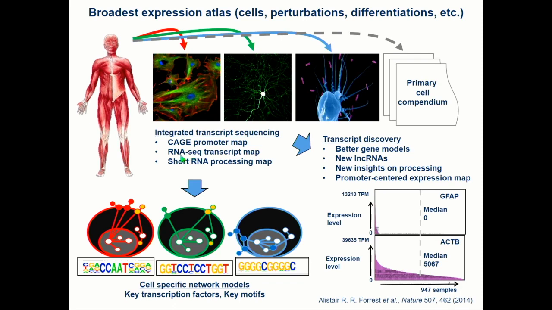We also have, for a subset of cells, deep RNA sequencing, so we can map structural transcripts, small RNAs as well, and with all of this we can predict also new protein coding and non-coding RNAs, a little bit of splicing isoforms, and so on.